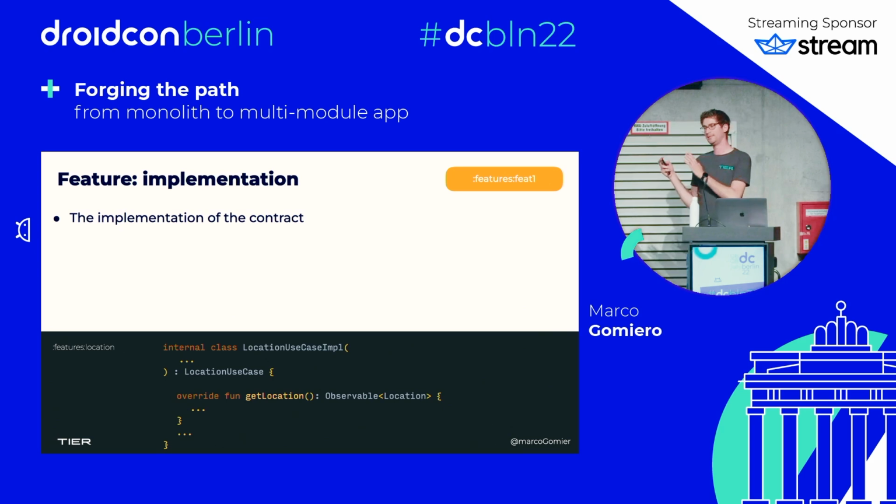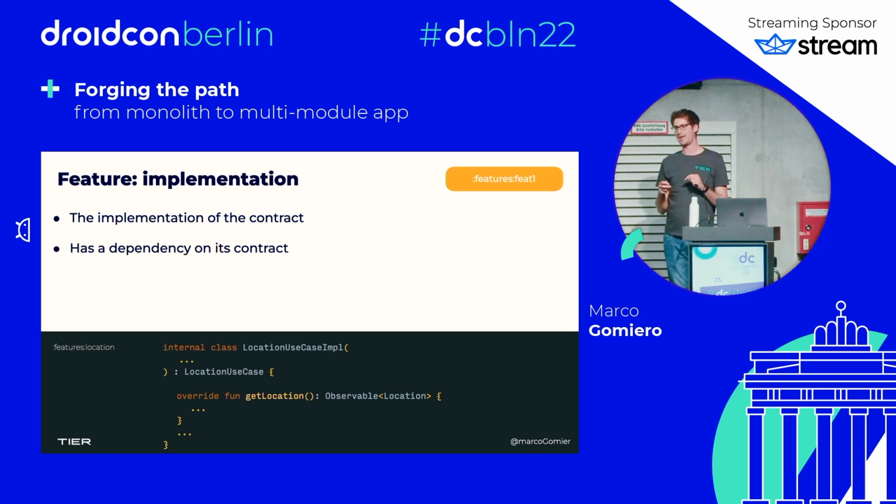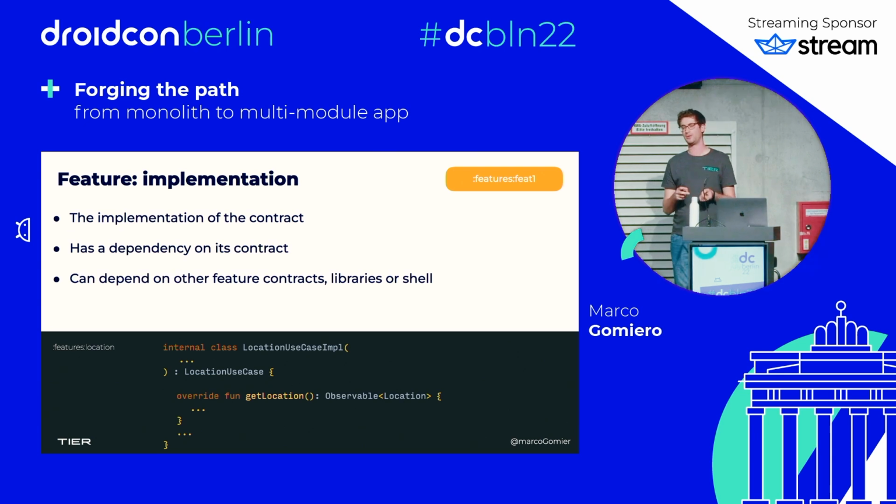And then the implementation module instead, of course, contains the implementation of the contract. So it has a dependency on the contract. And this kind of module can depend only on other feature contracts, because you may want to start a new feature from another feature. And it can also depend on the other bottom layers, so libraries and shell.